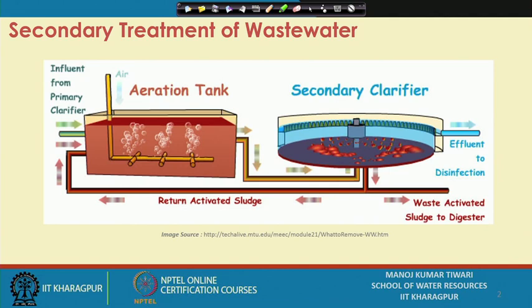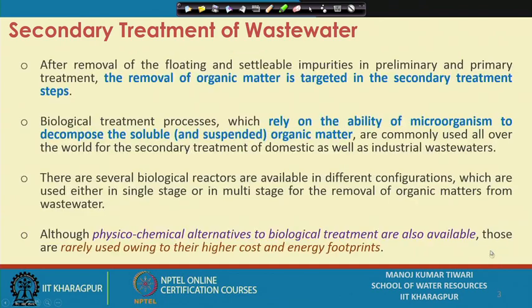So, the basic idea of the secondary treatment is that we get influent from the primary treatment or primary clarifier, and then we process it for the purpose of removal of the organic matter. Do not go by this figure only, there are various setups, various types of secondary treatment systems. What you are seeing is actually an activated sludge process, which is one of the most common biological treatment systems, but various other designs or schemes are also available.